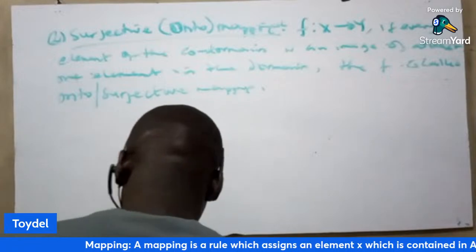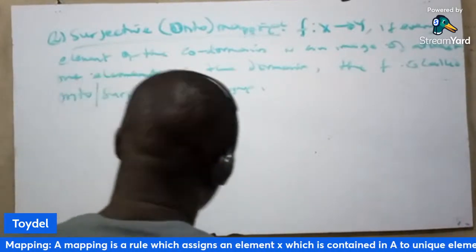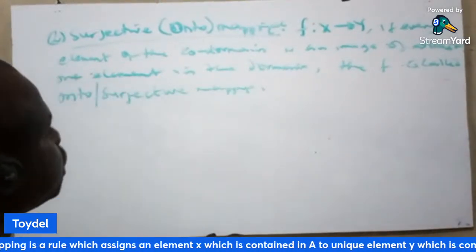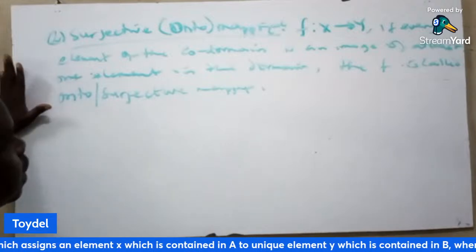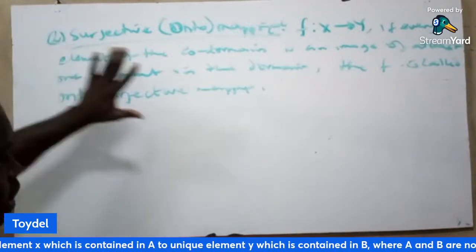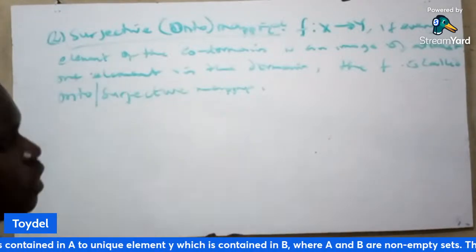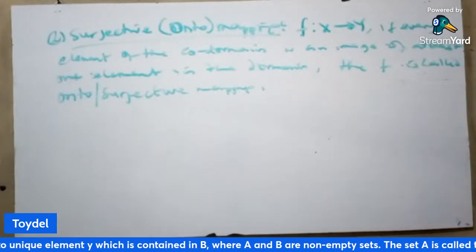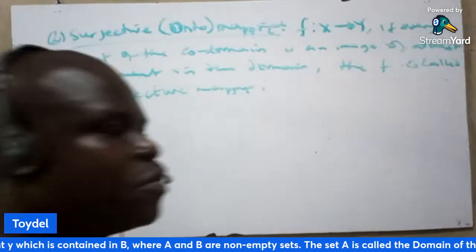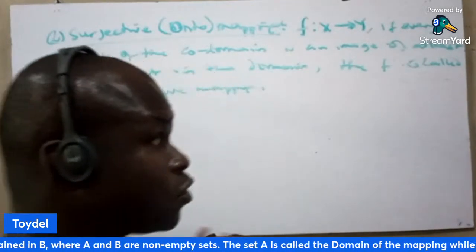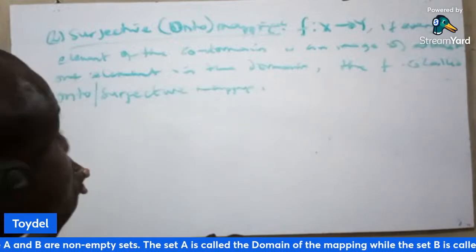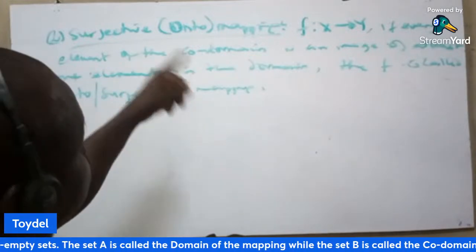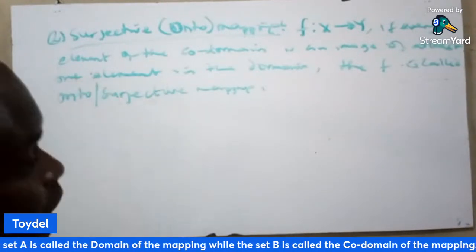That is, the range of an onto mapping is equal to the codomain. But under one-to-one mapping, it is not compulsory that the range is the codomain. Once the mapping is onto and is one-to-one, automatically that mapping will be bijective.